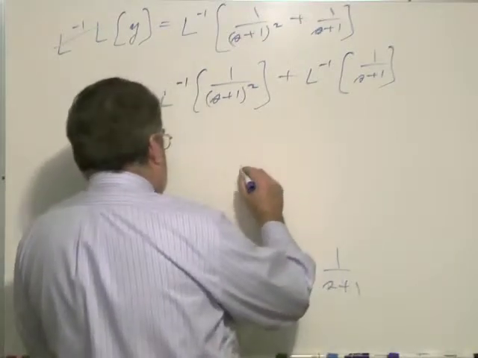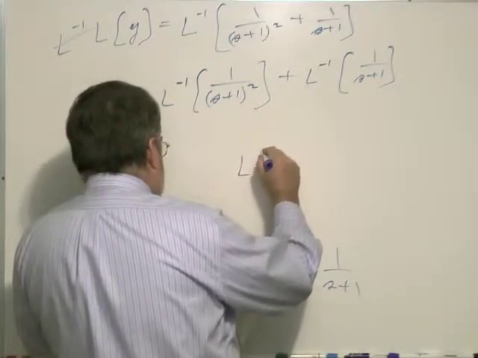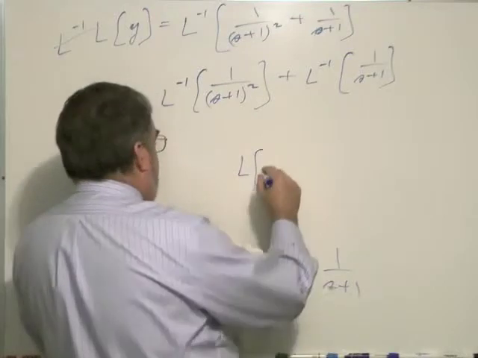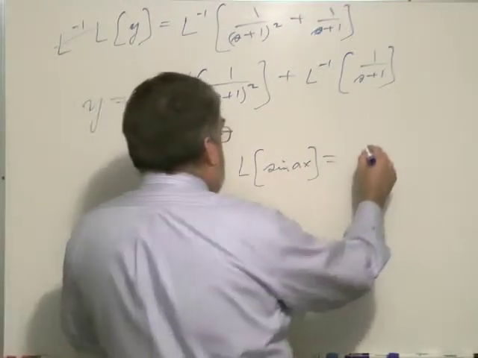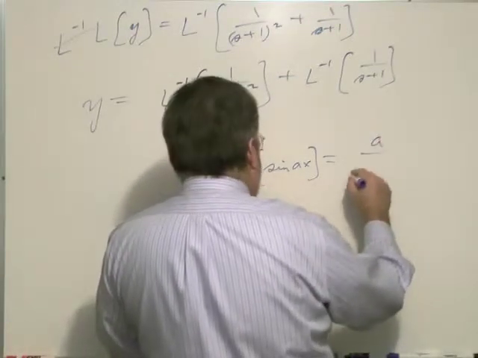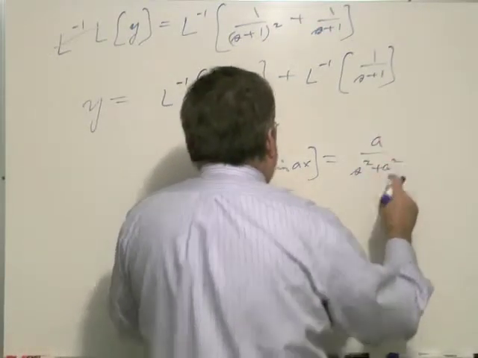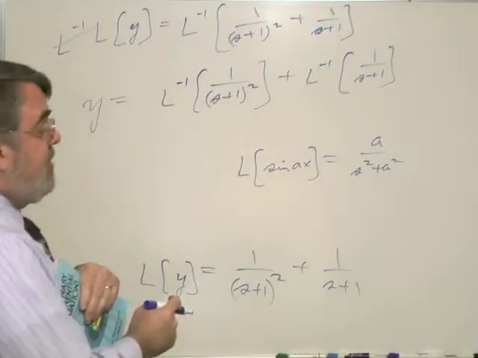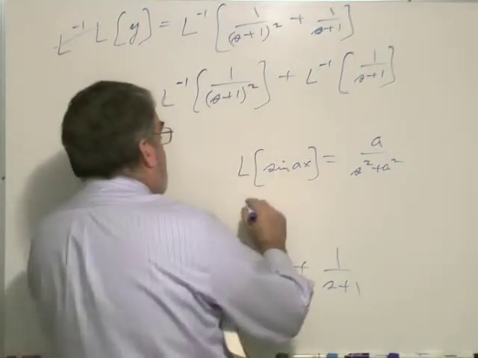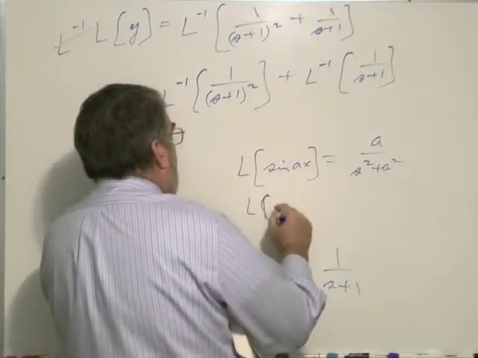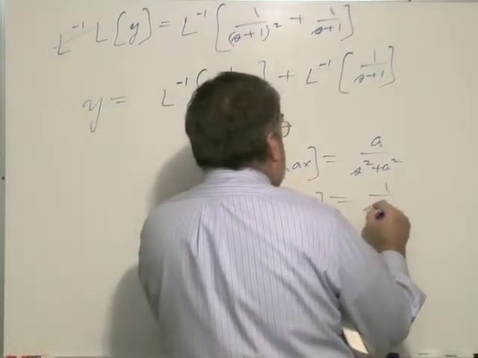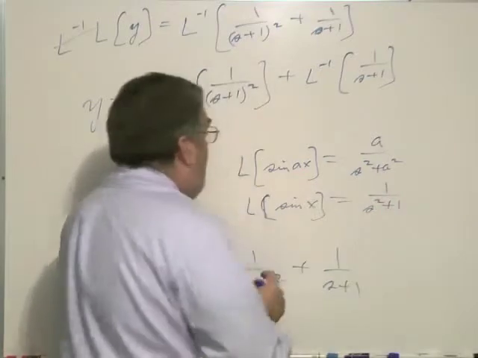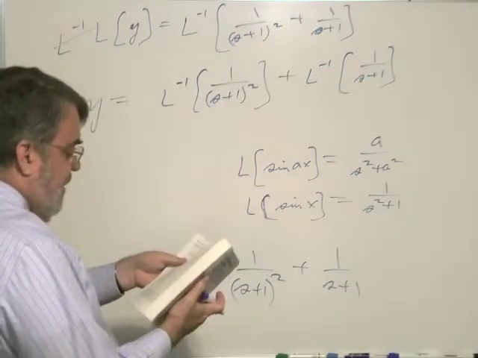So because the Laplace transform is a linear operator, the Laplace transform of sine ax is equal to a over s squared plus a squared. Well, if a is equal to 1, the Laplace transform of sine x will be 1 over s squared plus 1. Oops, I picked the wrong one.